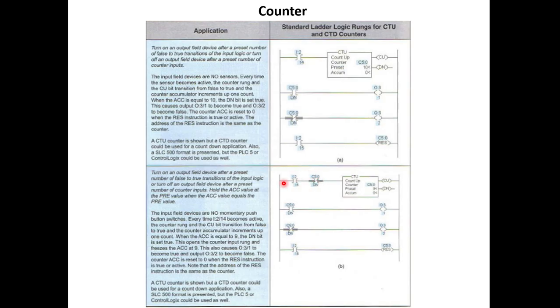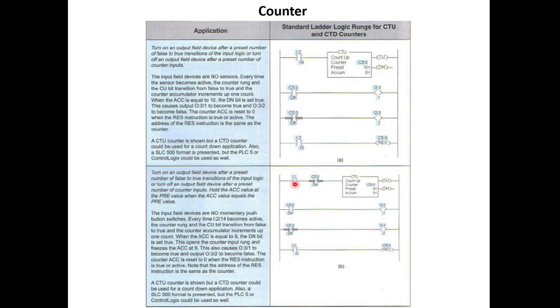What you can do in the second style is use, in series, the counter done bit as a normally closed condition. Once the accumulator value reaches the preset value, the done bit becomes true, so the normally closed contact becomes open.